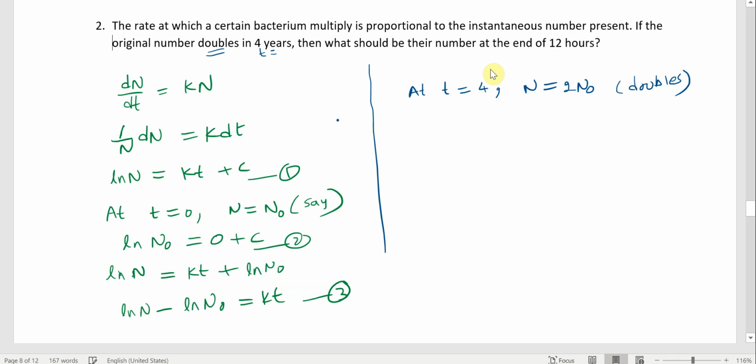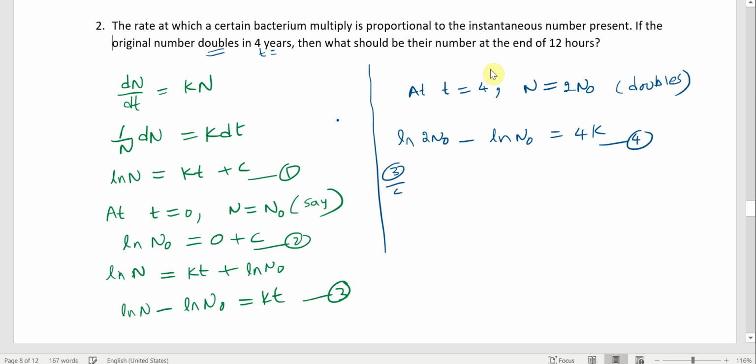So let us write t equal to 4 and n equals 2 n naught in equation 3. So equation 3 will become ln 2 n naught minus ln n naught, and for t, 4k.